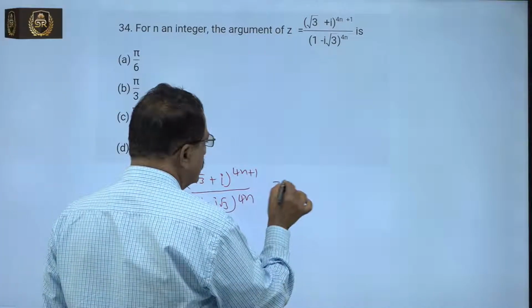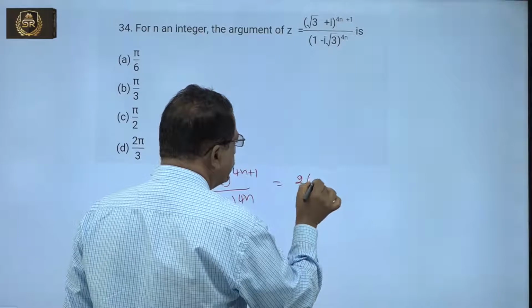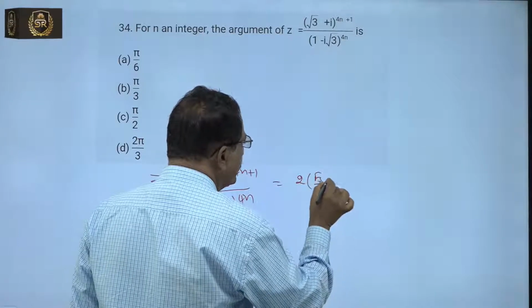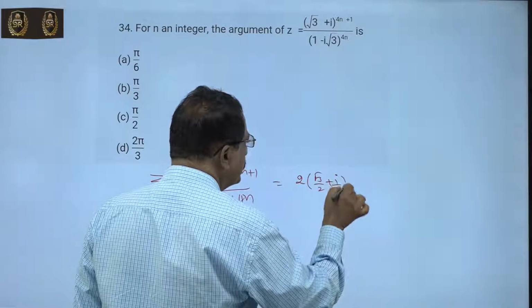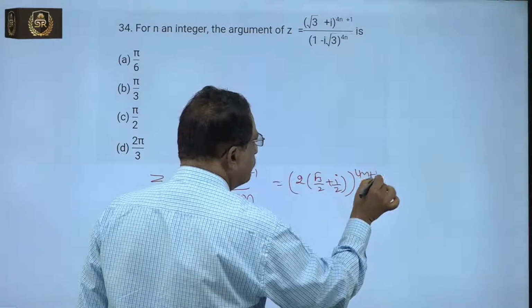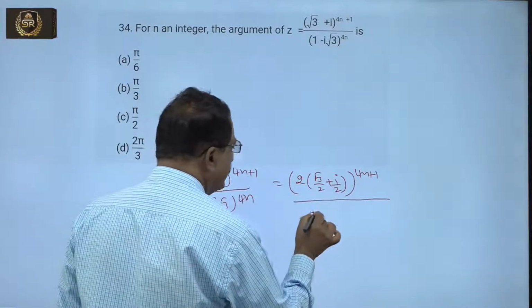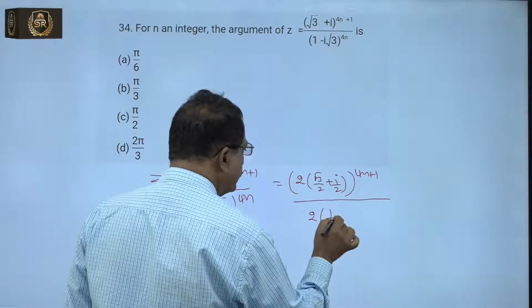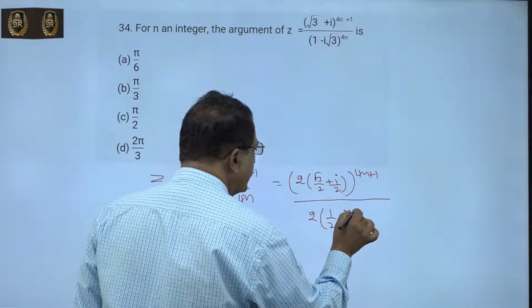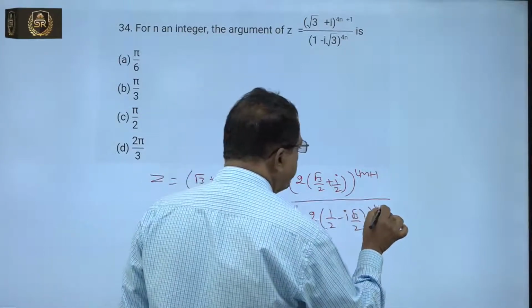Now here, in z, multiply and divide by 2 in the numerator: 2(√3/2 + i/2) to the power 4n + 1. In the denominator also multiply and divide by 2: 2(1/2 − i√3/2) to the power 4n.